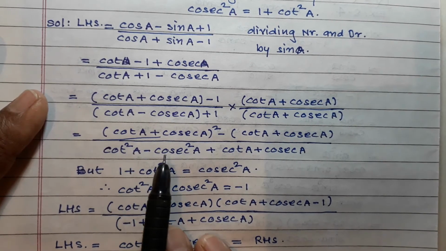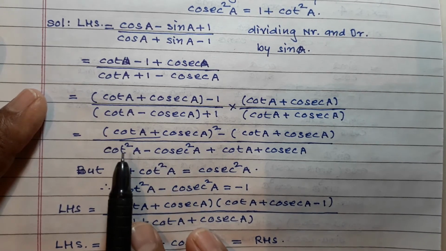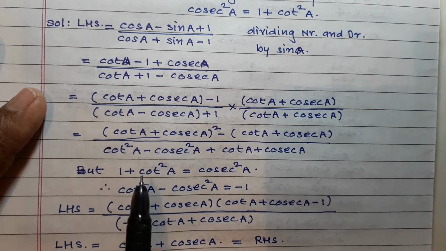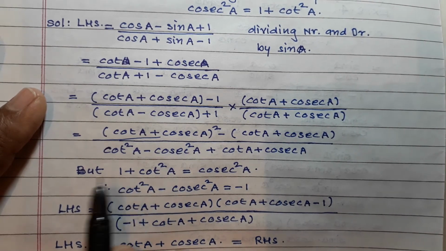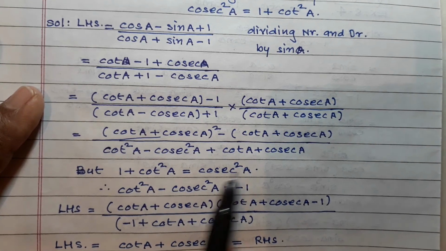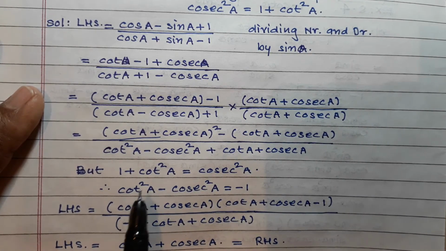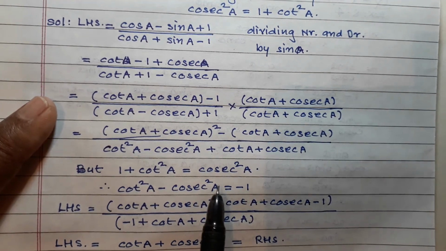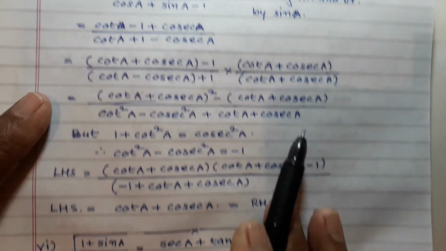Now cot square A minus cosec square A, this is what identity, this is equal to minus 1. Since 1 plus cot square A is equal to cosec square A, therefore cot square A minus cosec square A is equal to minus 1, and this you substitute here.